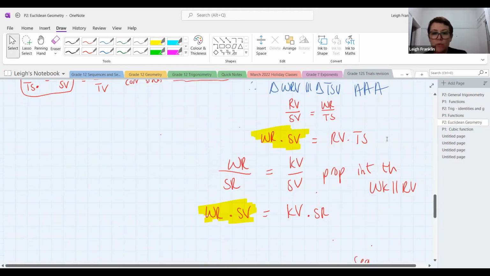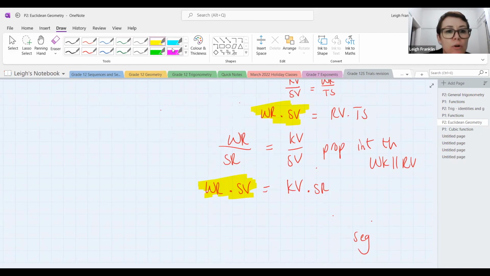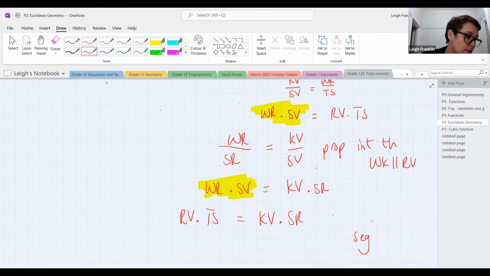If they're both equal to the same thing, what we can conclude now is that RV times TS is equal to KV times SR. And that means that RV over SR is equal to KV over TS.